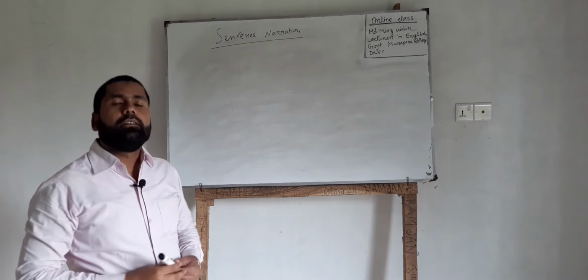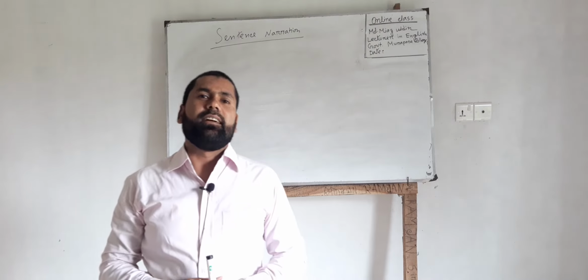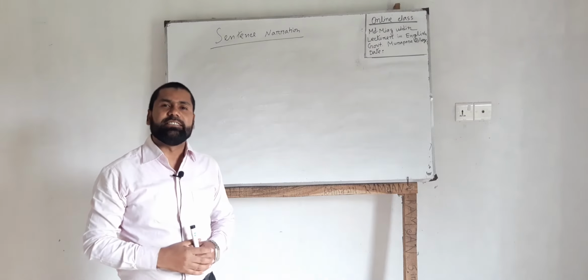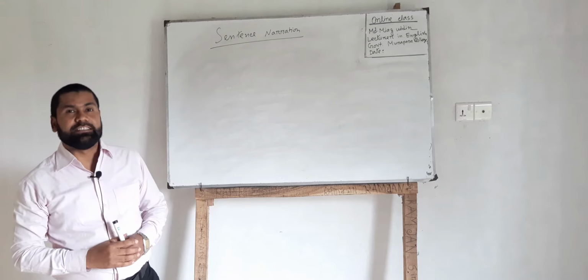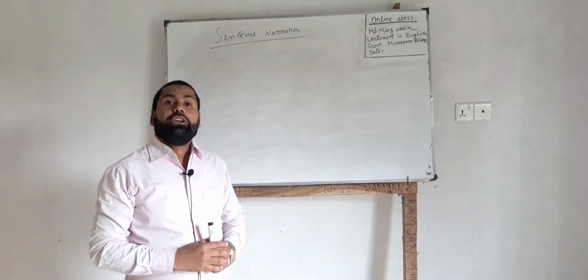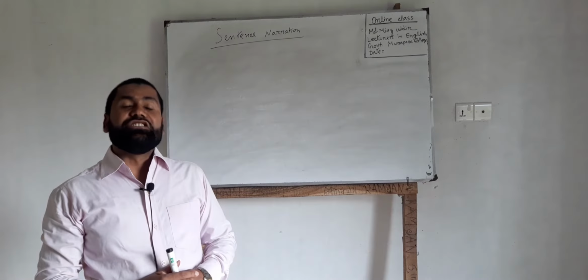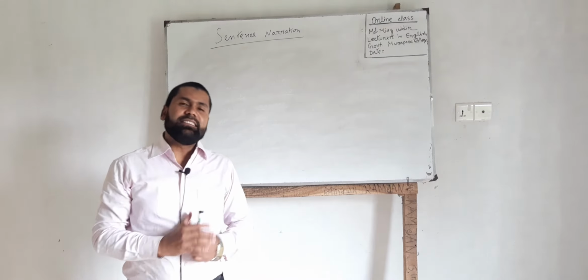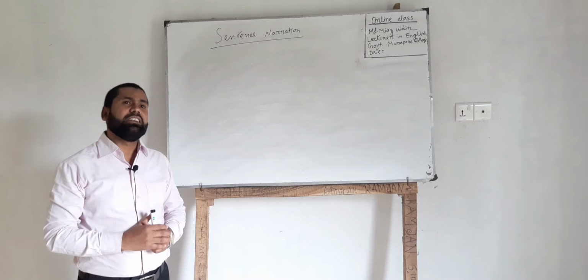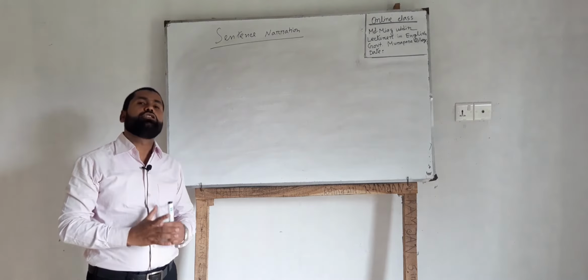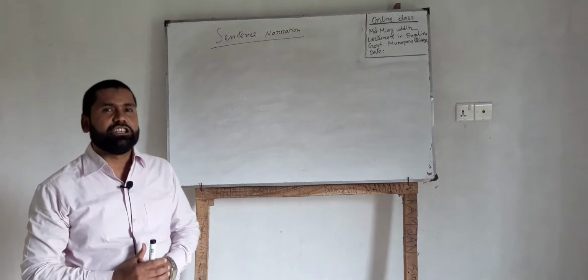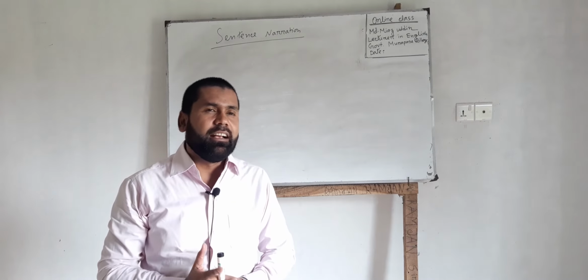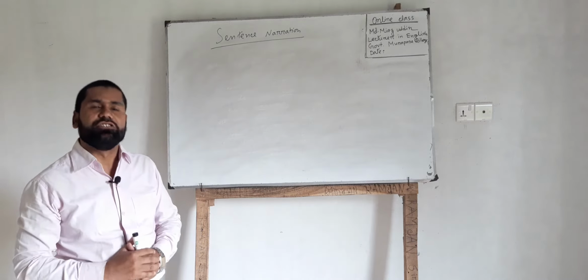We know there are 5 types of sentence: assertive, interrogative, imperative, optative, and exclamatory. If we can change the sentence narration easily, then it will be helpful to change the passage narration from direct to indirect and indirect to direct.